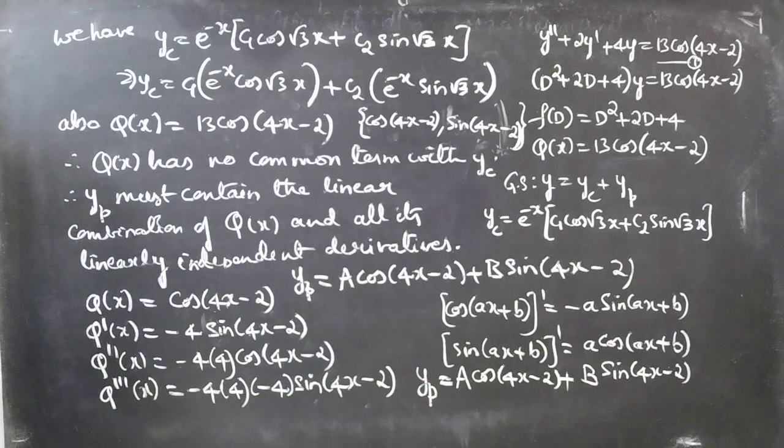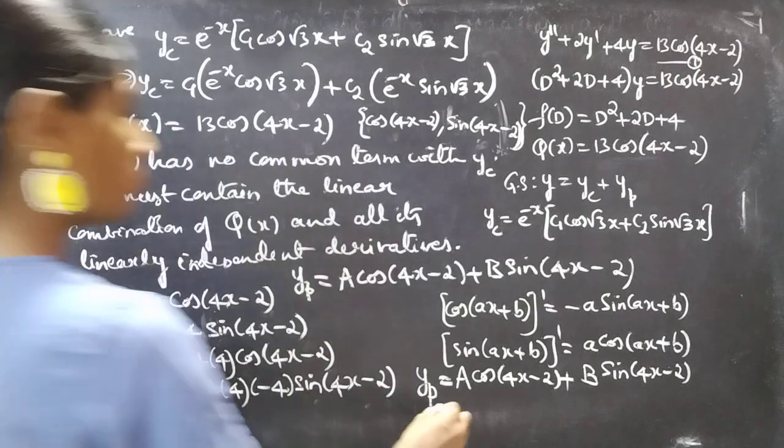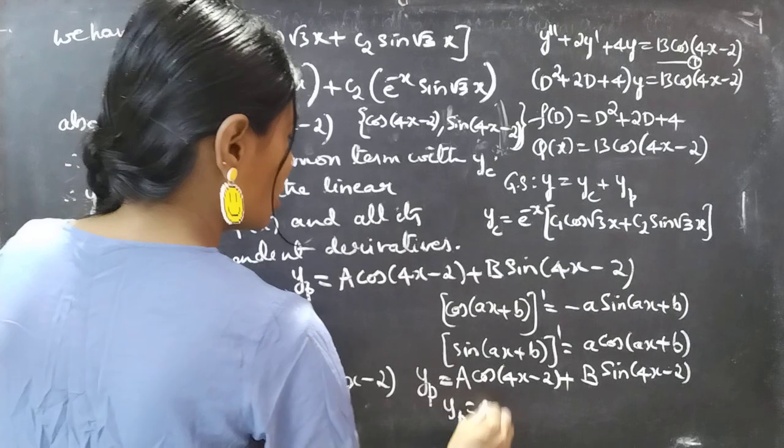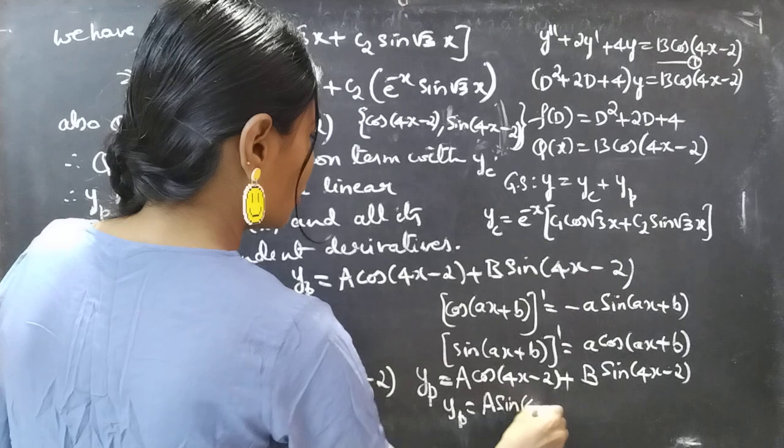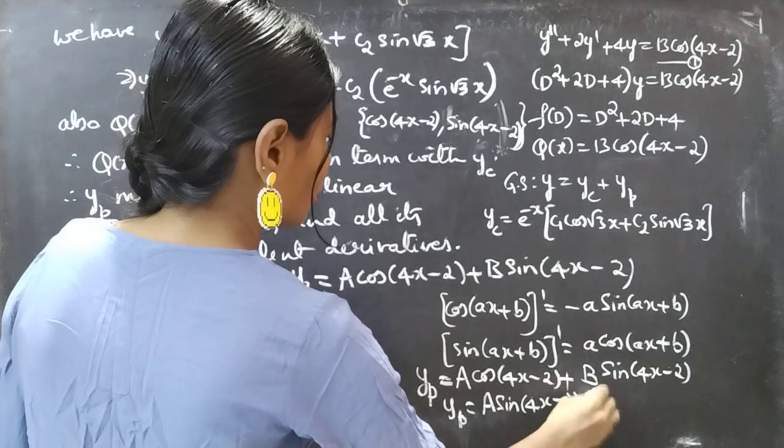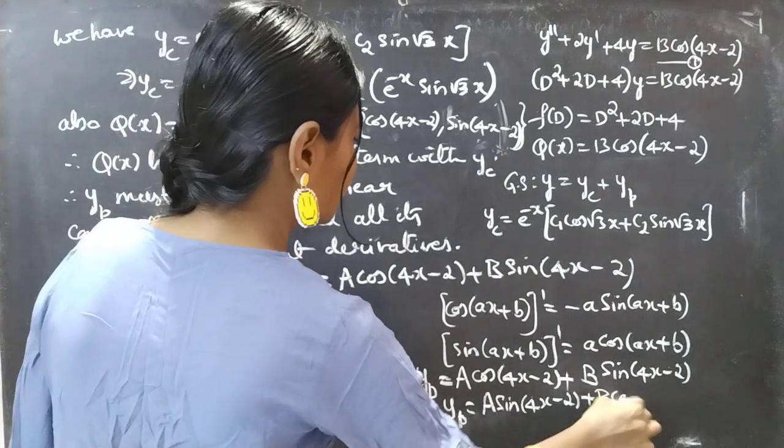Or you can write this as a sine of 4x minus 2, or yp can be a sine of, you can take the sine term first and cos next.